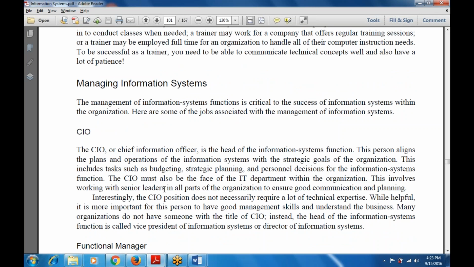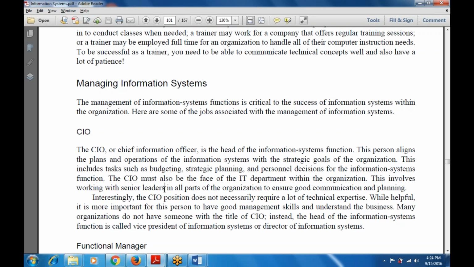This person aligns the plans and operations of the information system with the strategic goals of the organization. This includes tasks such as budgeting, strategic planning, and personnel decisions for the information system function.